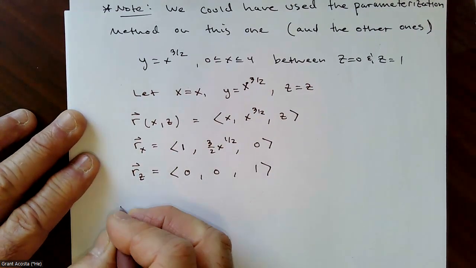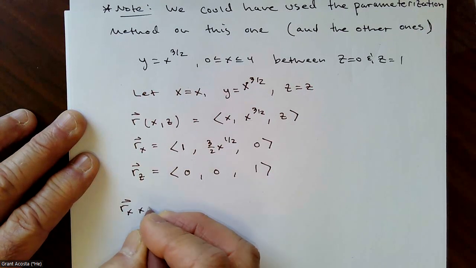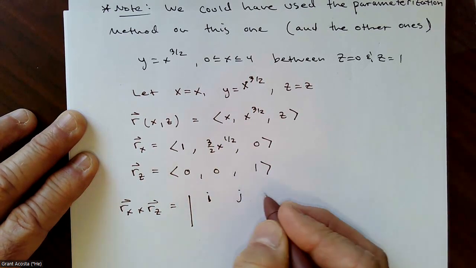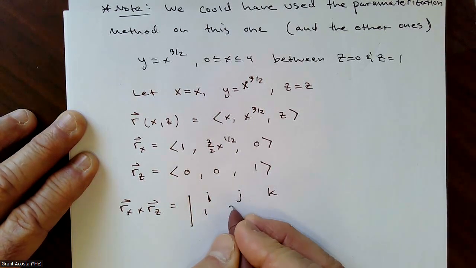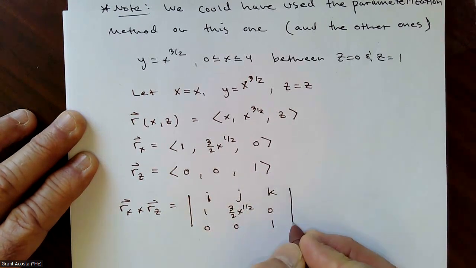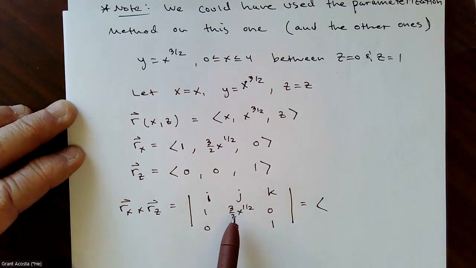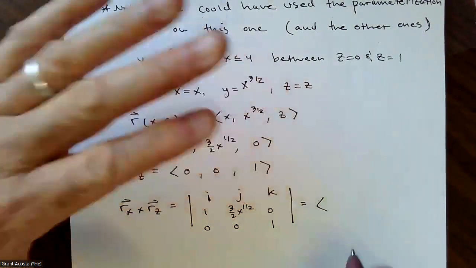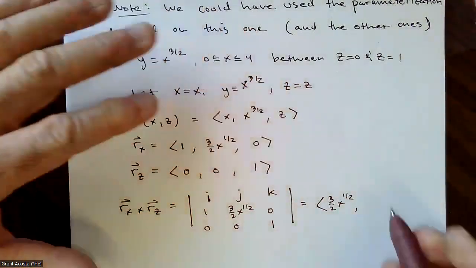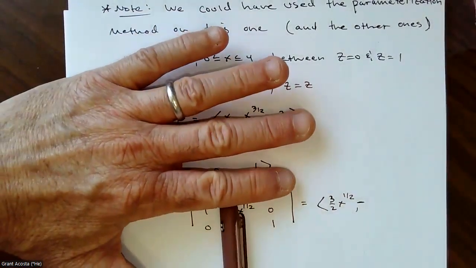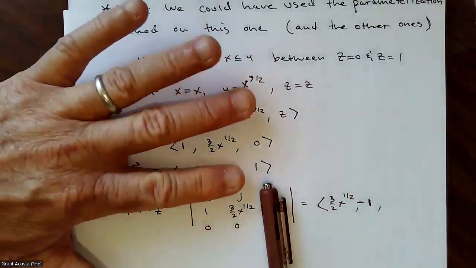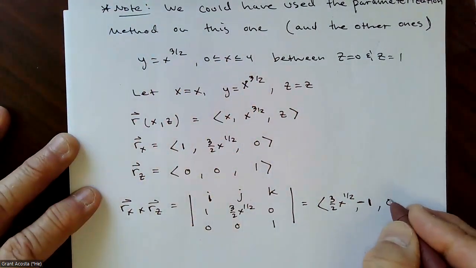And if you do the cross product, what do we end up getting? For the i component, just 3/2 x to the 1/2. For the j component, it's automatically minus, but we get just 1 and 0, so -1. And for the z component, 0 minus 0, so that's 0.